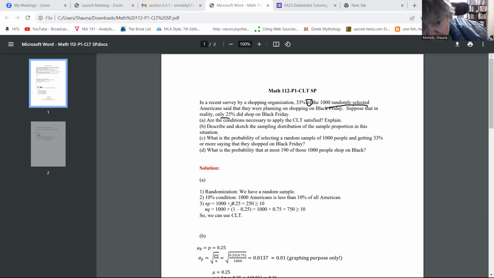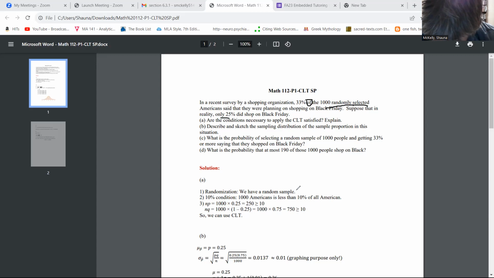So if you have 25% of people who did shop on Black Friday, then 75%, 1 minus 0.25, did not. So in this case, we have 3 assumptions, and all 3 of those conditions are met.